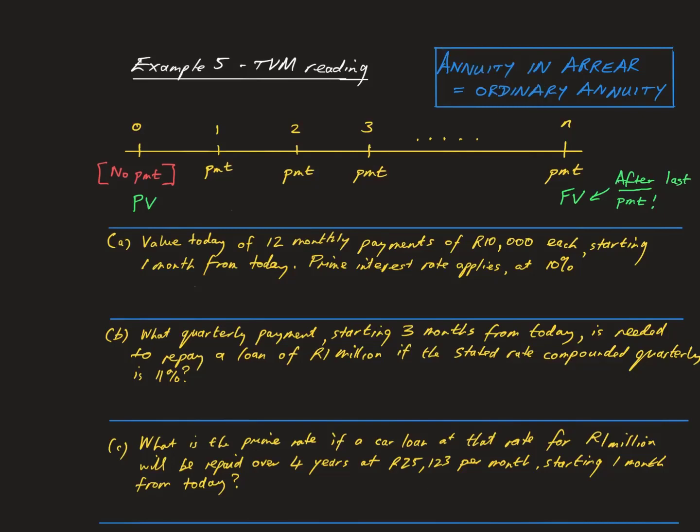Something else about that timeline, those notches are of course labeled 1, 2, 3 up to the last one being n. But because we are now already familiar with the principle that we need to be absolutely consistent between the periodic rate that we apply to our calculations and the identification of the exact length of that period, we are now, I believe, well placed to dive into this particular kind of TVM calculation on the understanding that those notches 1, 2, 3 are not necessarily years, nor are they necessarily months.